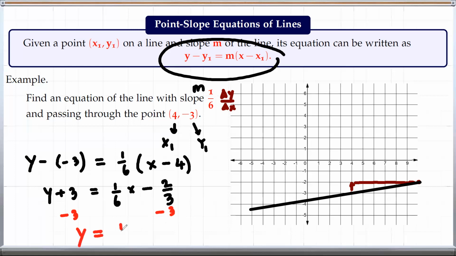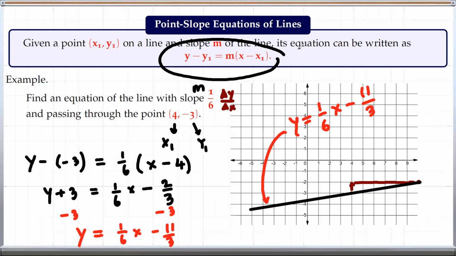And on the right, we have 1/6 x as it is, and -2/3 minus 3. This 3 is 9/3, so -2/3 minus 9/3 becomes -11/3. So this is the equation: y equals 1/6 x minus 11/3 is the equation of this line.